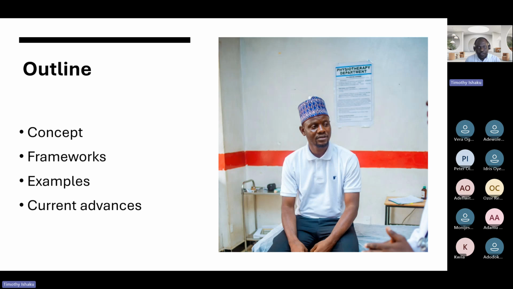We will first look at what they are, and you can make reference to what you think they are in terms of how you apply them in your practice, and then we'll look at specific examples of how those frameworks are used in day-to-day clinical practice.